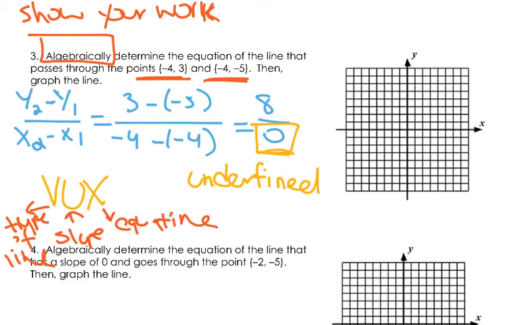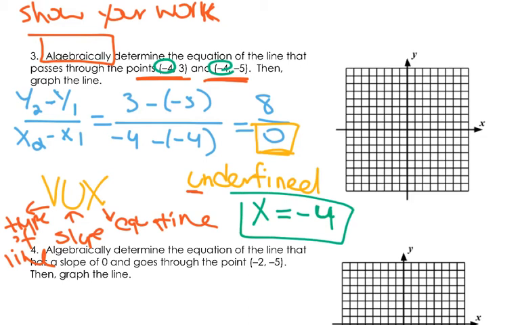The slope is undefined. And the equation will be x equals. So if I look at the equation, x equals, I'm only looking at the x. And if you notice here, the x in both these points are -4. So the actual equation is x equals -4. That is the equation.